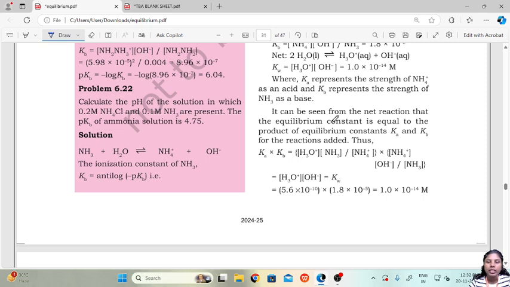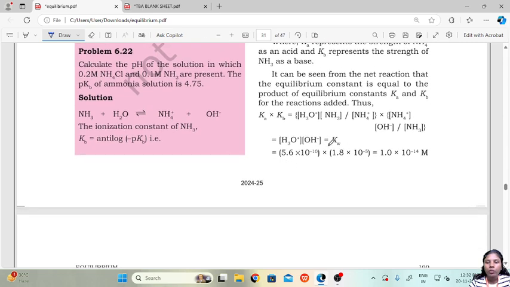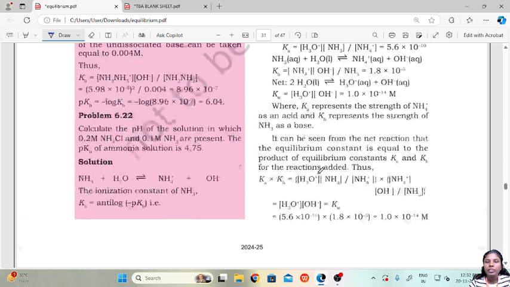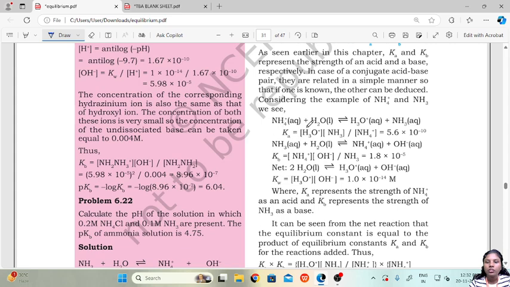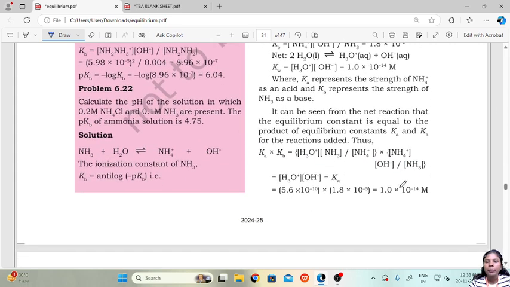Now, it can be seen from the net reaction that the equilibrium constant is equal to the product of the equilibrium constants Ka and Kb for the reactions added. Thus, if we do Ka into Kb, it is just the product of these two. If I do this product, I get 1.0 into 10 raised to minus 14.